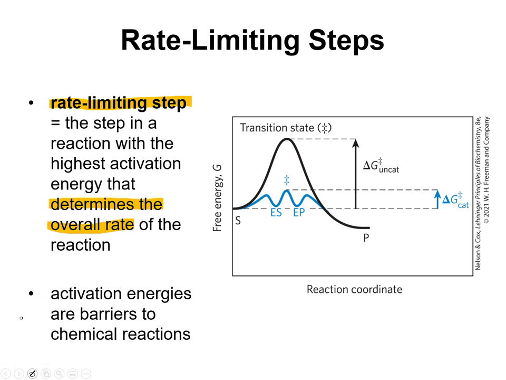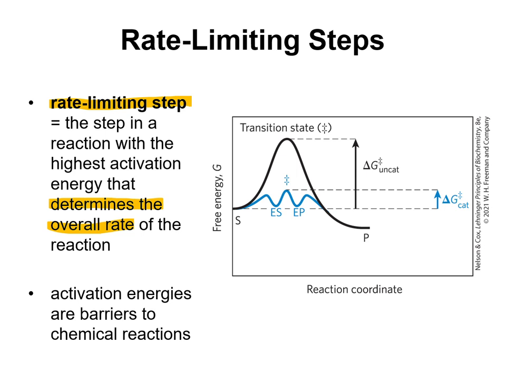Rate limiting steps are great for regulating metabolic processes, and oftentimes you'll see multiple rate limiting steps within a process. So we'll point those out as we get to metabolism, which ones are the rate limiting steps. So you'll need to have a good understanding of that concept before we move on.